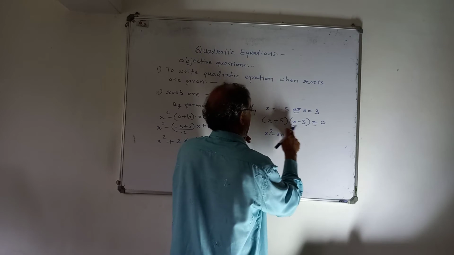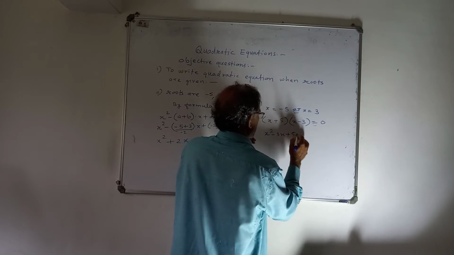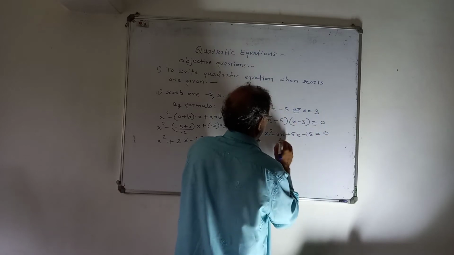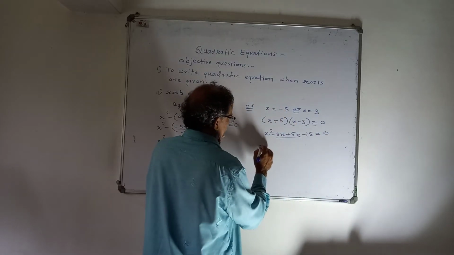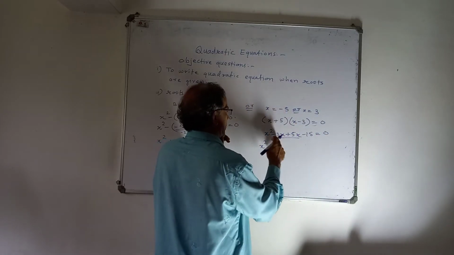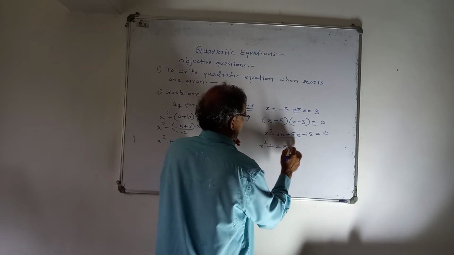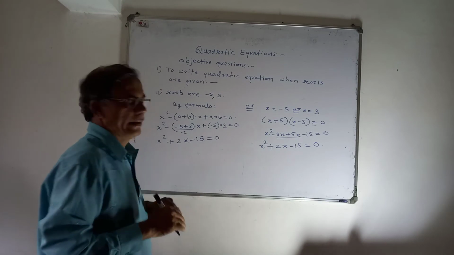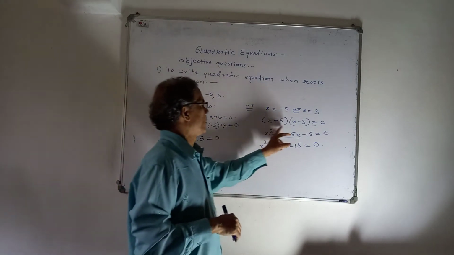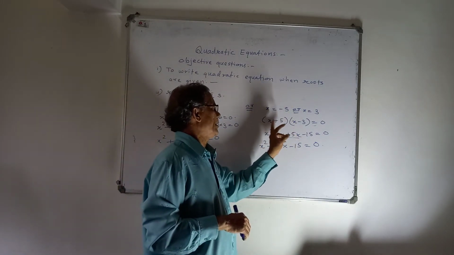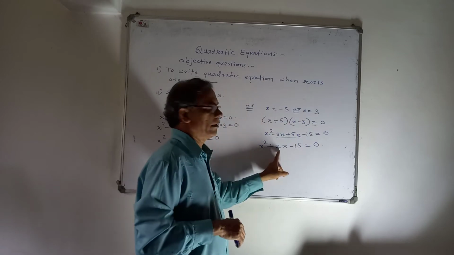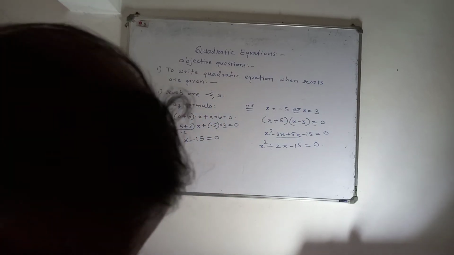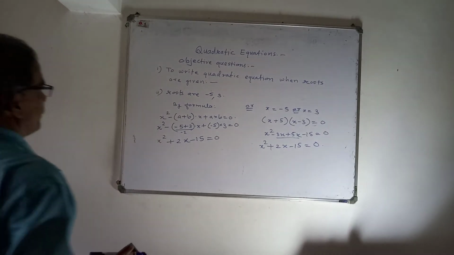Now take 5 and multiply this binomial. Plus 5x, 5 into minus 3 is minus 15, is equal to 0. Now these are two like terms. We have to solve them. So x square plus 5 minus 3 means plus 2x minus 15 is equal to 0. So here or here, it is same. Actually here also, you can use that identity, (x plus a) into (x plus b). Directly you can come here. Okay. So then, I shall give you second example.